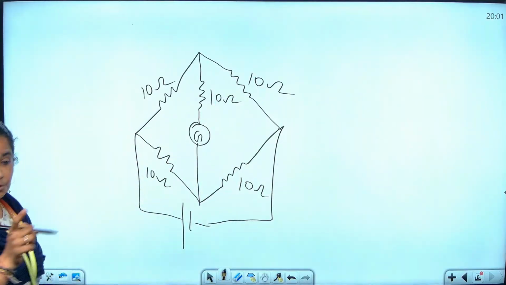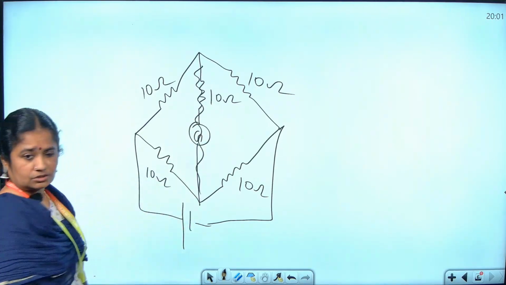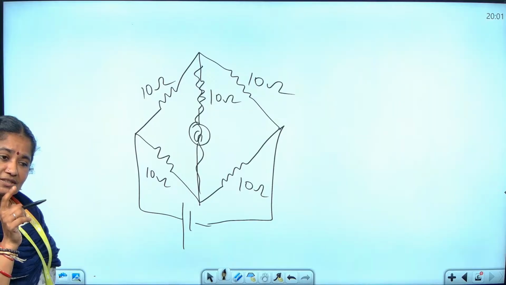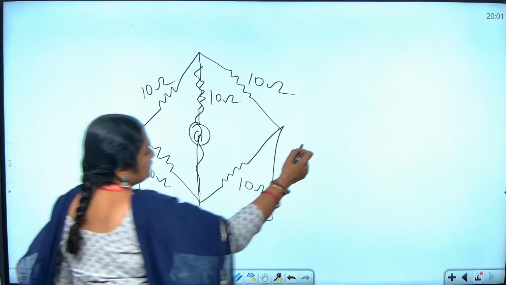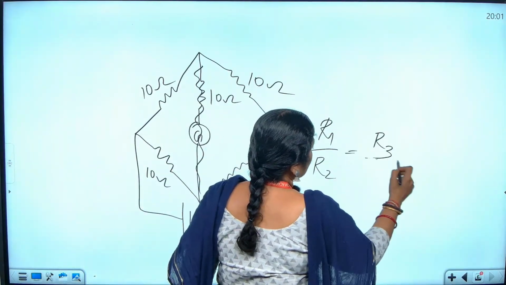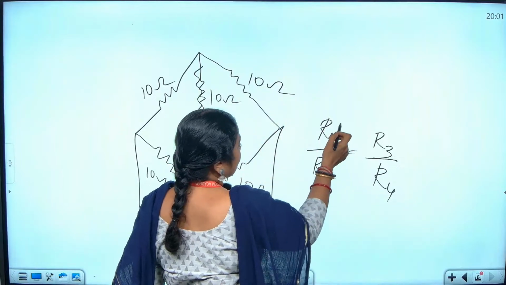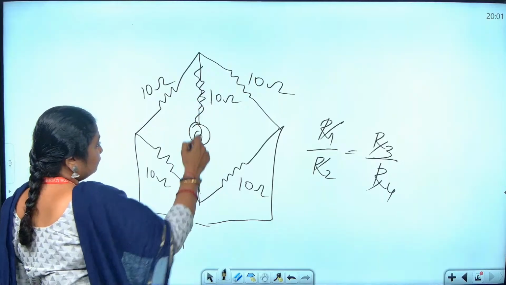Now here, if the bridge balancing condition is satisfied, no current will flow through this branch. First we should check whether the bridge balance condition is satisfied with the given values. The bridge balancing condition is R1 by R2 is equal to R3 by R4. In this case everything is 10, so you will get 1:1. No current will flow through this.